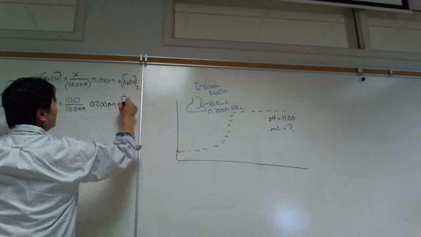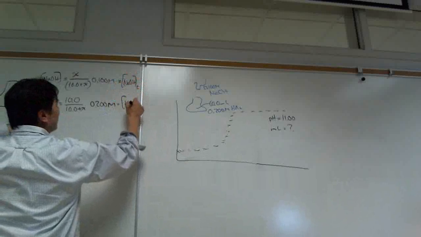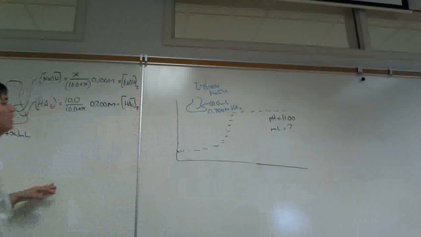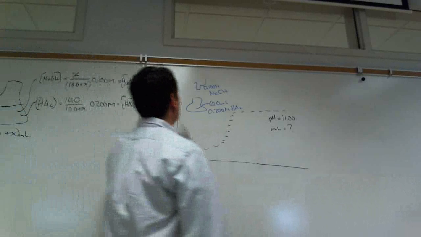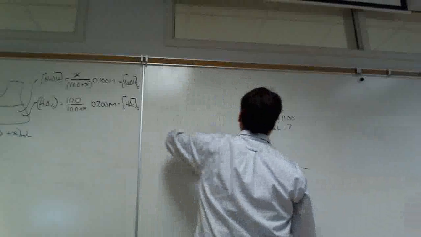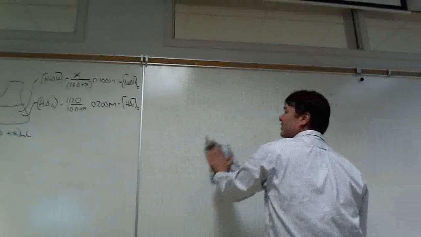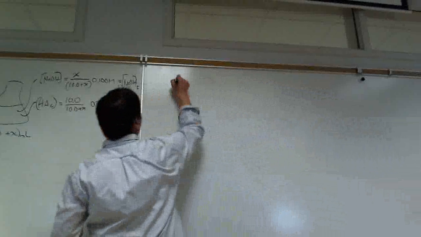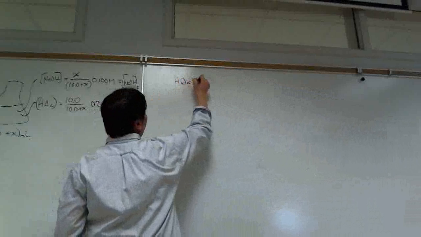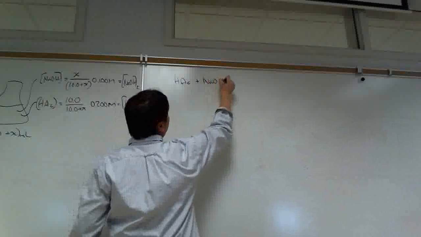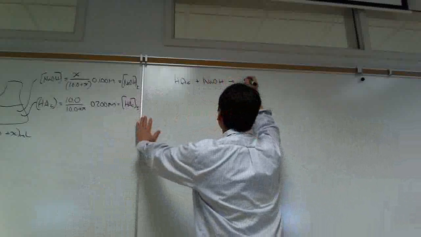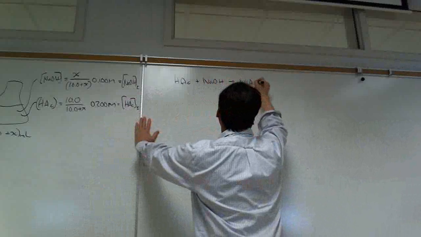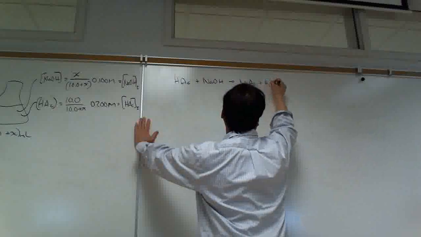This is the initial acetic acid. All right, after we're done with step A, then we do the strongest base with the strongest acid. Step 1: acetic acid plus sodium hydroxide yields sodium acetate plus water.